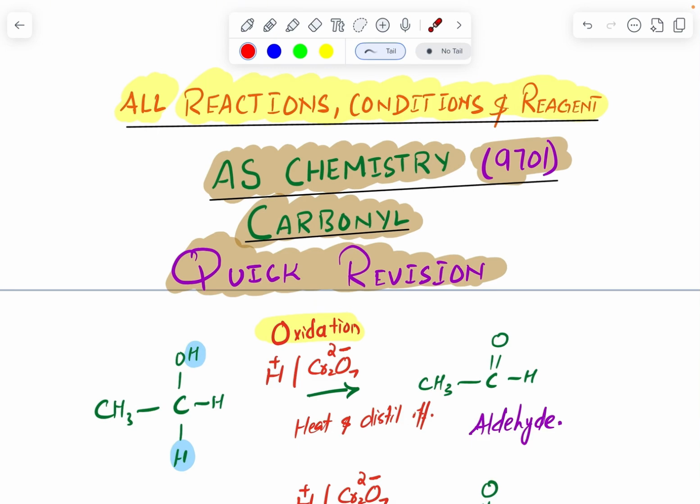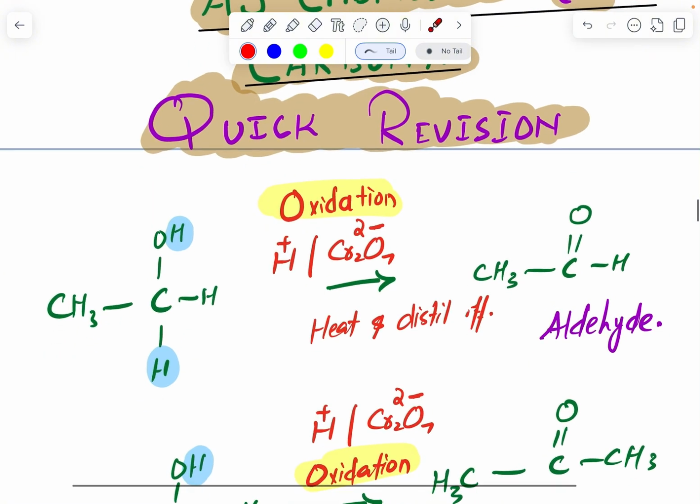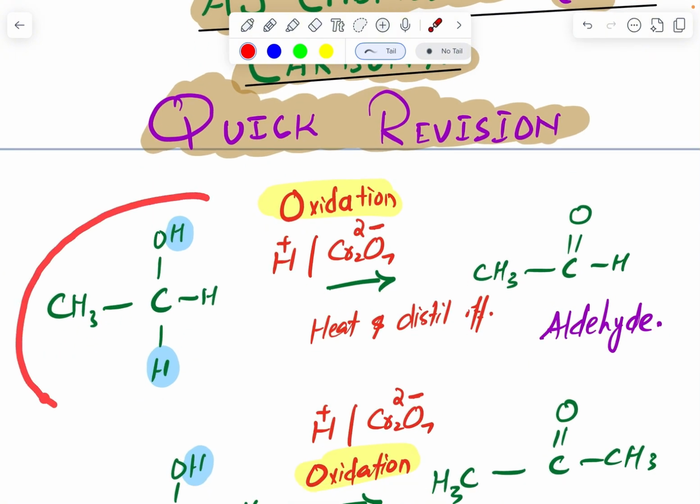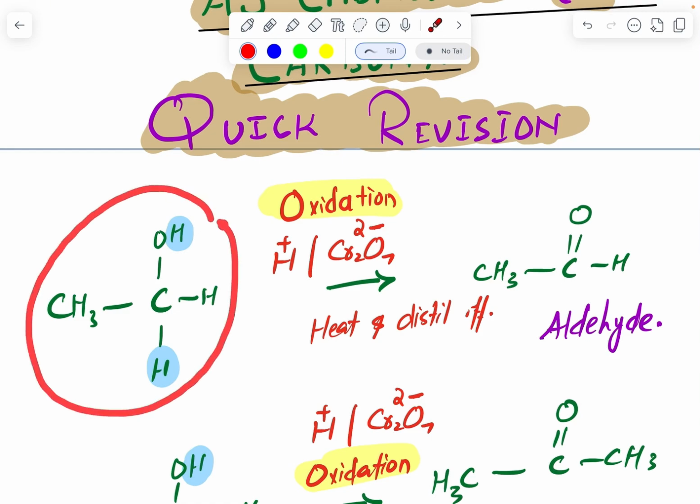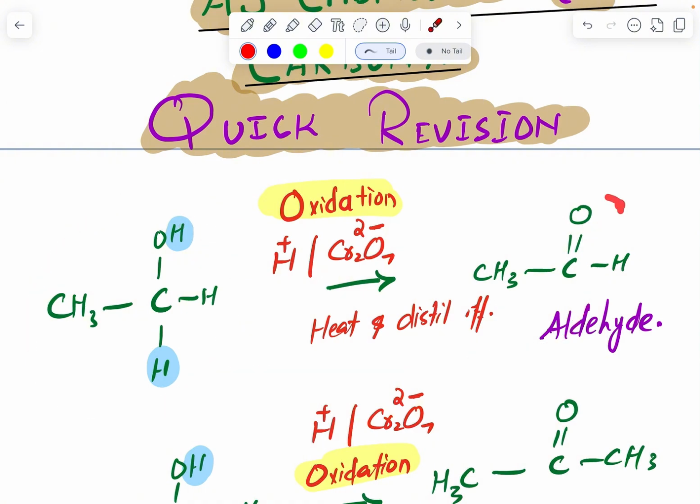Now, let's start with the first equation, and that's very important. This is basically a primary alcohol. Now, how can we convert a primary alcohol into an aldehyde? You can see that this is the aldehyde functional group.